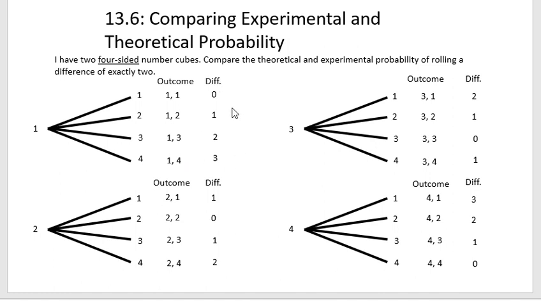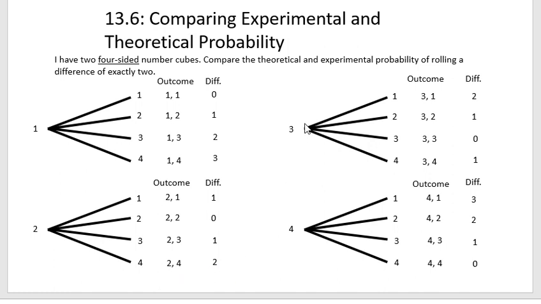I've done this exact same thing for each of the other 3 tree diagrams. So this one is 2, 1. The outcome is 2, 1, and the difference is 1. So we can see that from here. And I've gone ahead and filled in the rest. Here are the 4 different outcomes, and only one of them has a difference of 2.